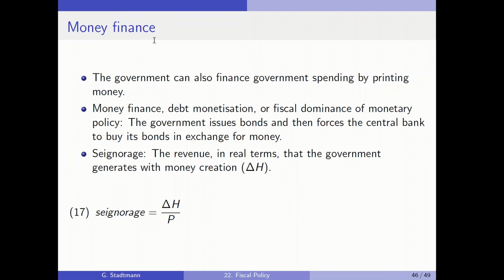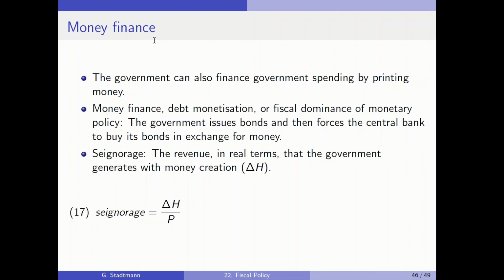And now in the last subsection, we'll also talk about money financing, where the government can finance government spending by printing money. We call that money financing, debt monetization, or fiscal dominance of monetary policy.